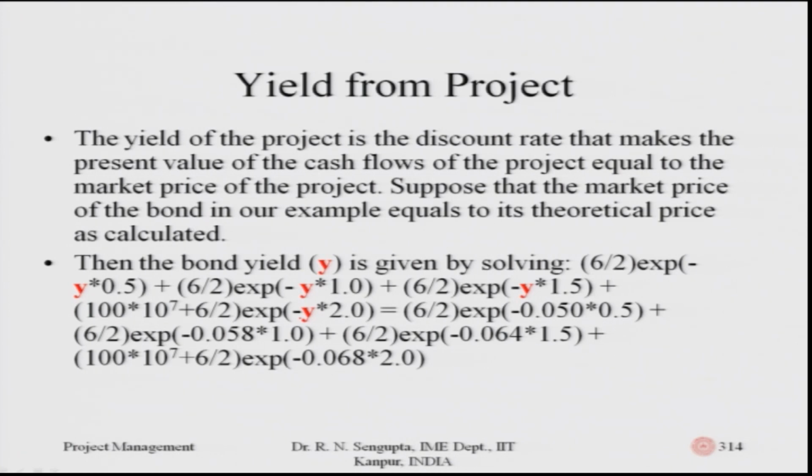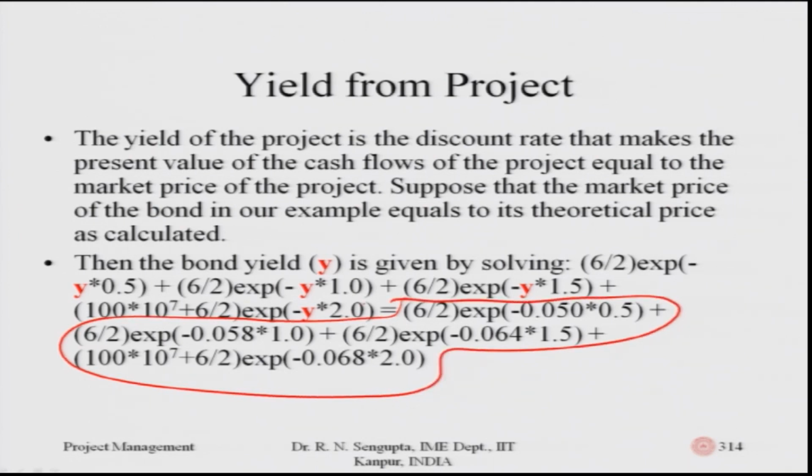So, if you consider the last equation we have solved, which was the 313th one, the term on the right of the equality sign, this part, is exactly the same.